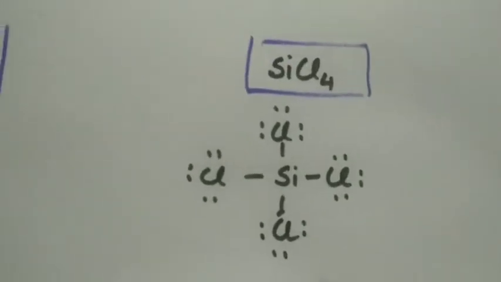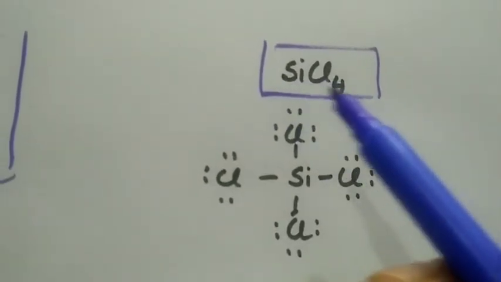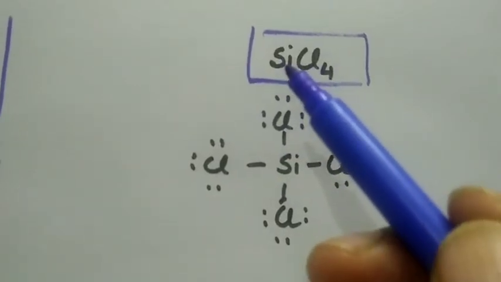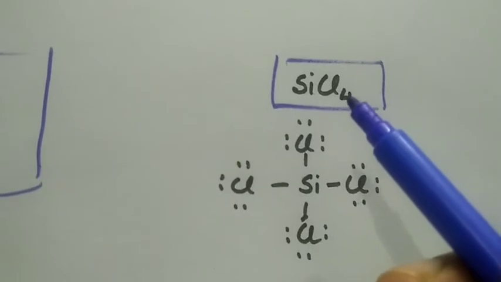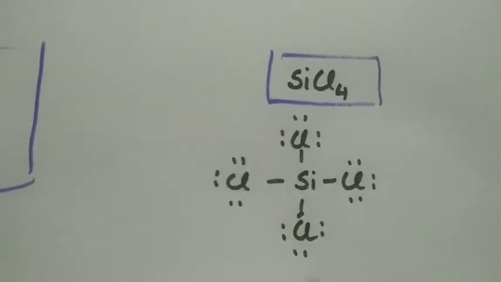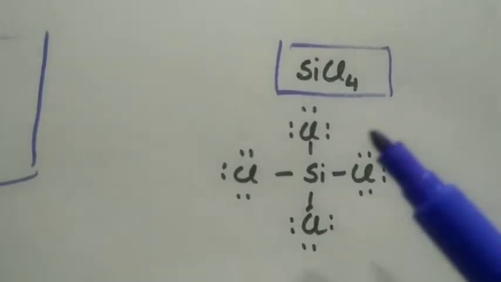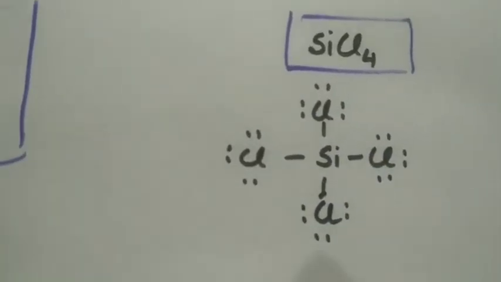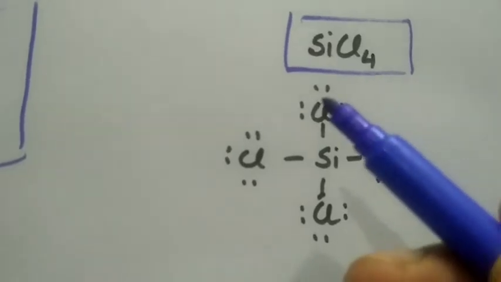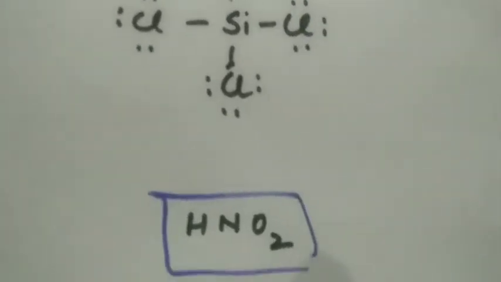Silicon tetrachloride, total valence electrons will be 4 for silicon and 7 each for chlorine. So 7 into 4, 28 plus 4, 32. So we have placed 2, 4, 6, 8 as bond pairs, 24 as lone pairs, distributing 6 on each of the atoms.